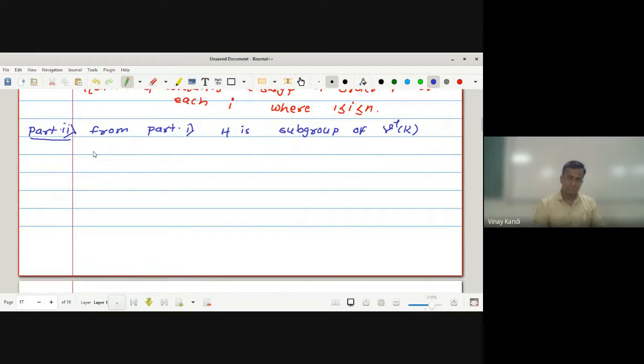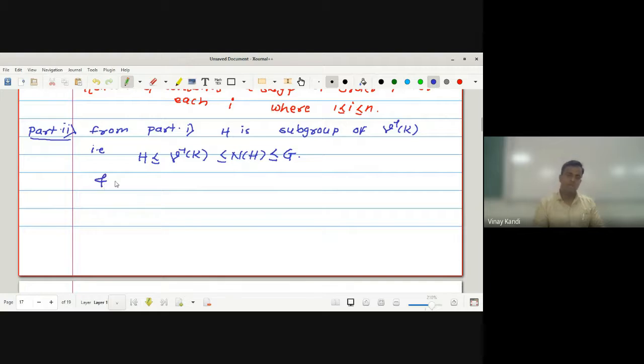That is, H is the subgroup of gamma inverse of K, which is the subgroup of normalizer of H, which is the subgroup of G. We have this one.